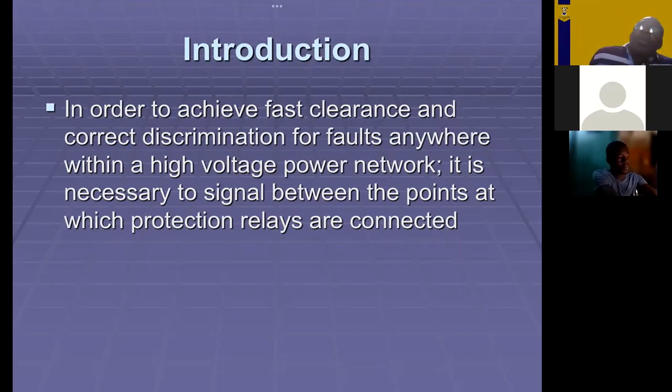We also, when we looked at differential protection and spoke about the voltage balance scheme being used for feeders, you'll understand that the relay would be located in a substation, but of course you need to get the information from one point to the next. That is also a form of signaling.